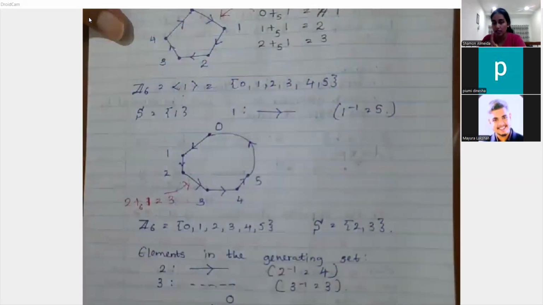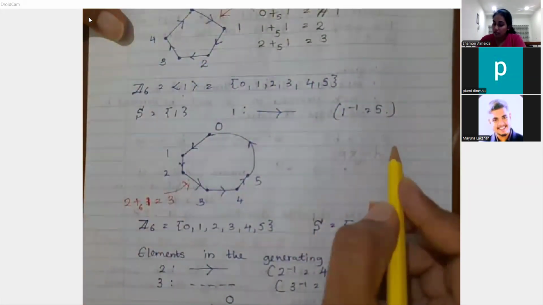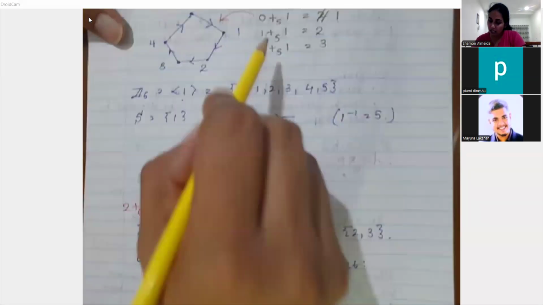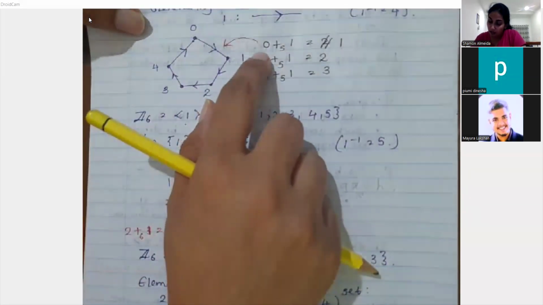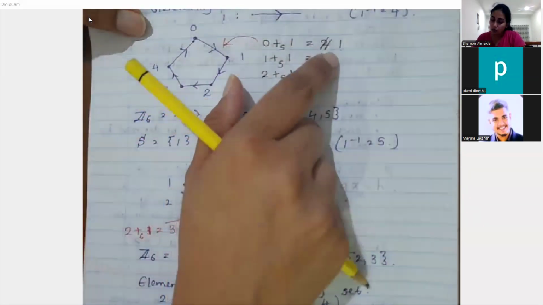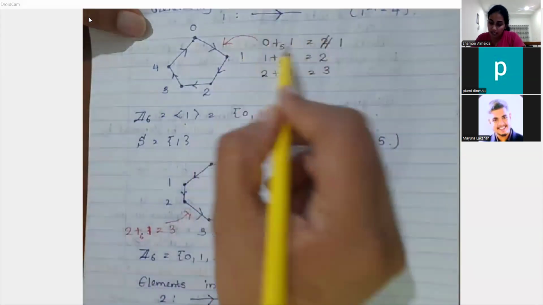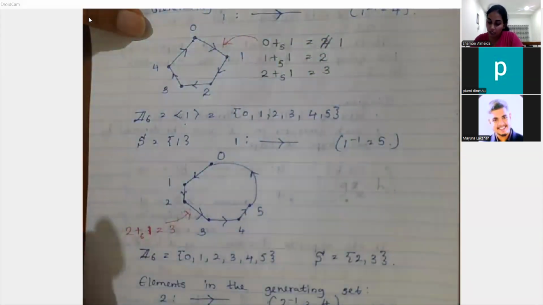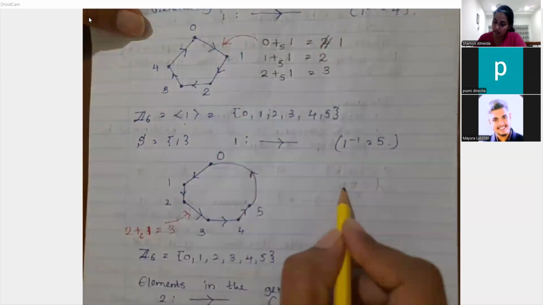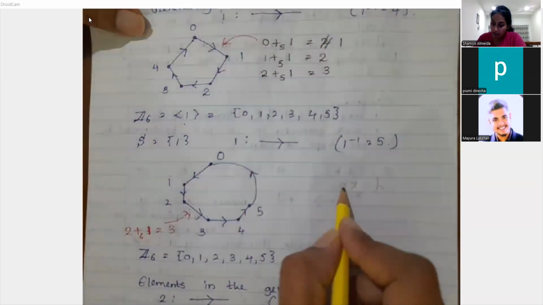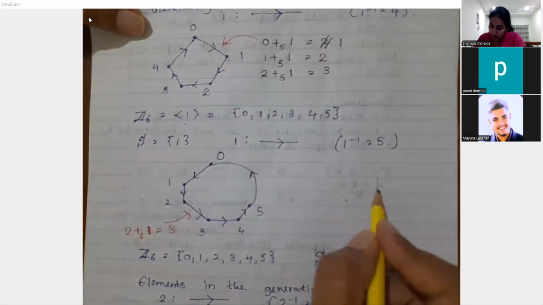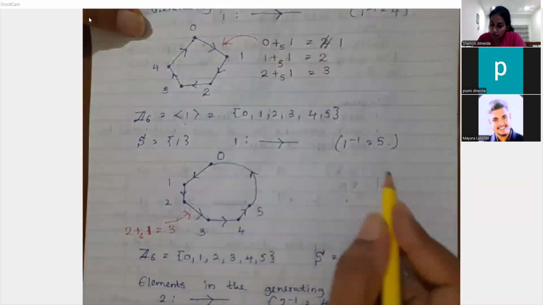Between 0 and 1, exactly one edge. This is because the solution, now in this case, you see 0 plus 1 is equal to 1. The solution of this is unique, gx. If there is an edge connecting G to H, you have a unique solution to this equation, okay?